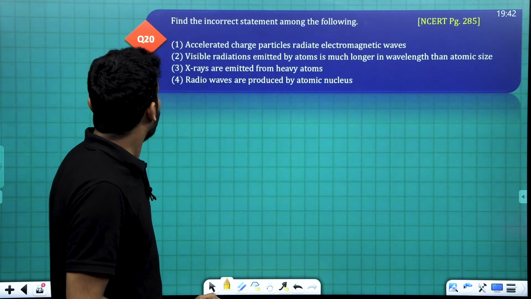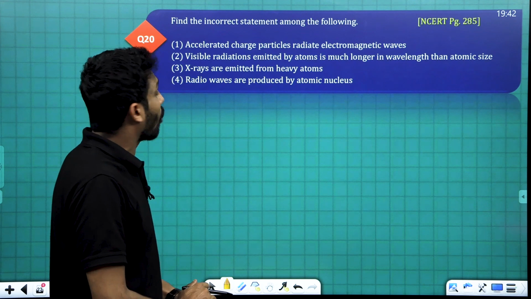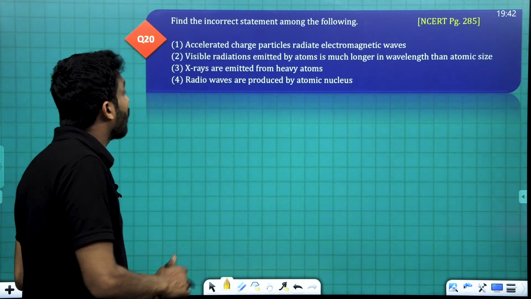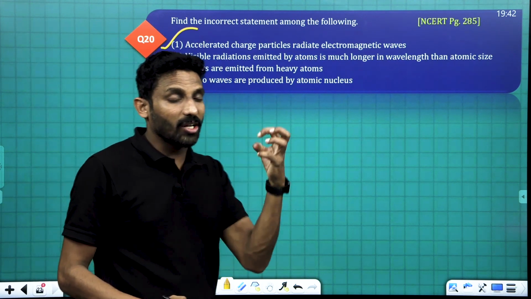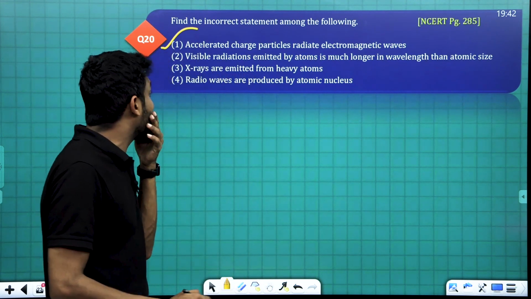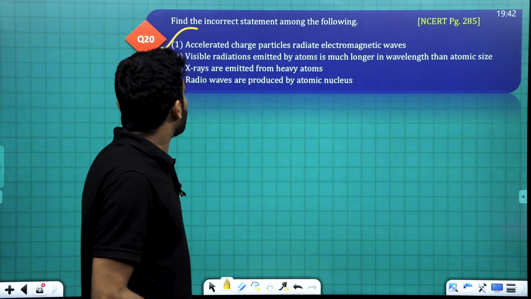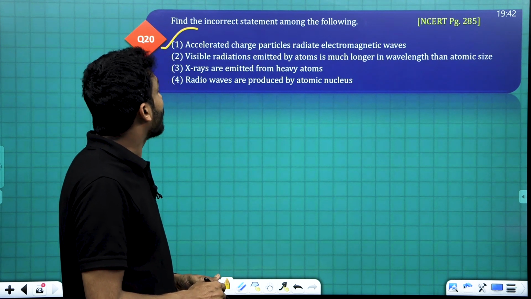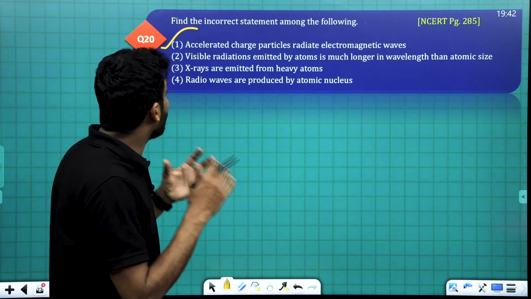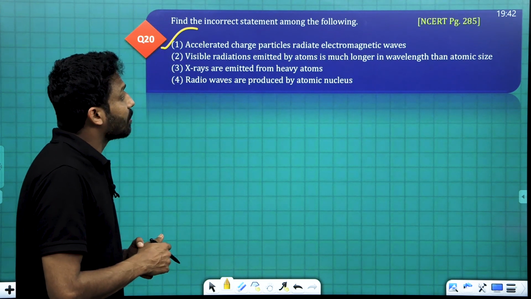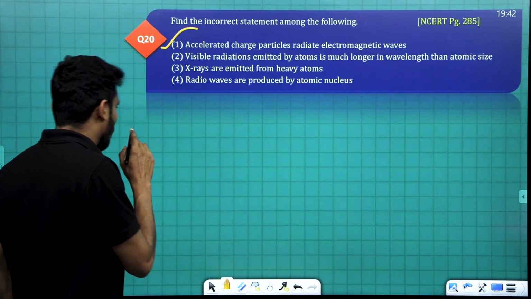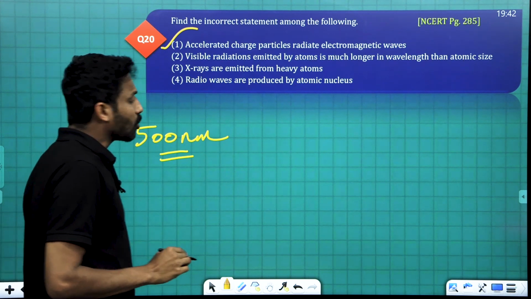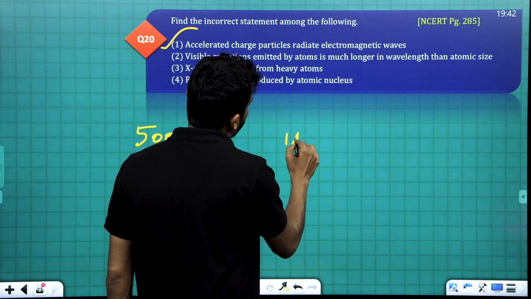The final question is, find the incorrect statement among the following. First one, accelerated charged particles radiate electromagnetic waves. Electromagnetic waves are produced by accelerated charged particles. Then, visible radiations emitted by atoms is much longer in wavelength than atomic size. Visible means an average of 500 nanometer, and the atomic size is around 1 angstrom.